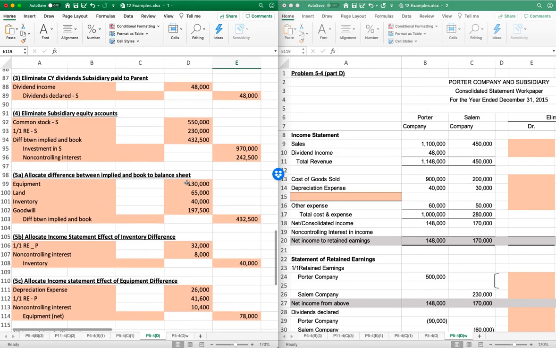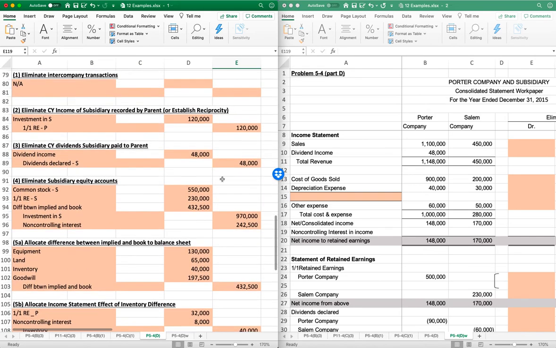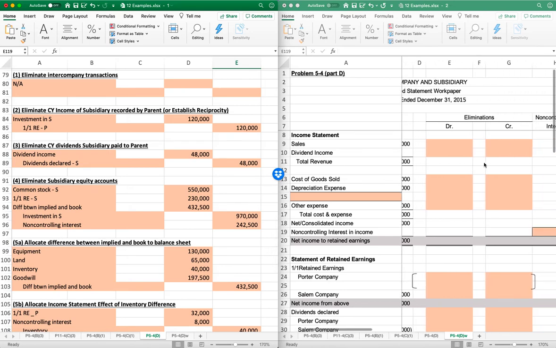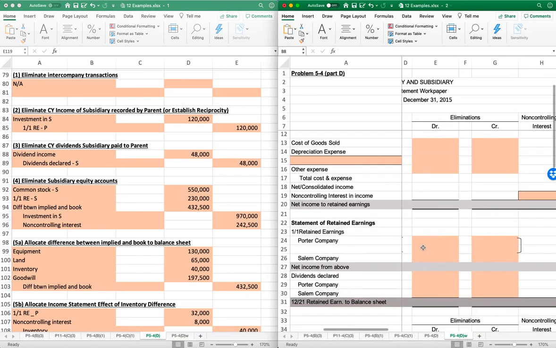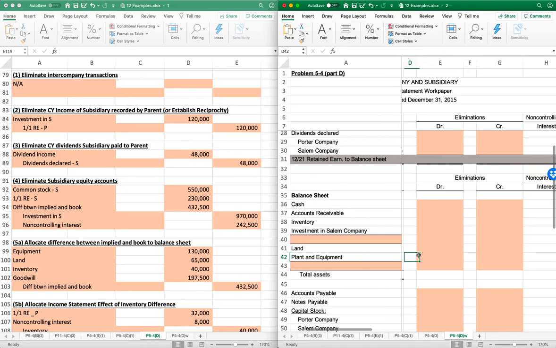So now that we have our eliminating entries, we're going to move over to our worksheet and start putting them into this format so that we can get to our last new thing, which is adjusting our non-controlling interest income. So entry number 1, we don't have anything there. Entry number 2, we need to debit our investment in S for $120,000.